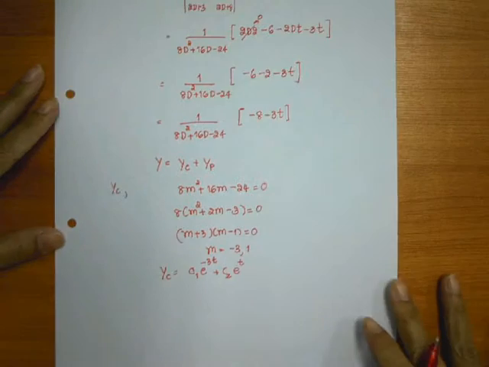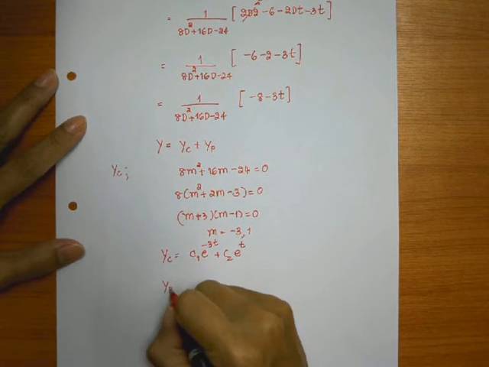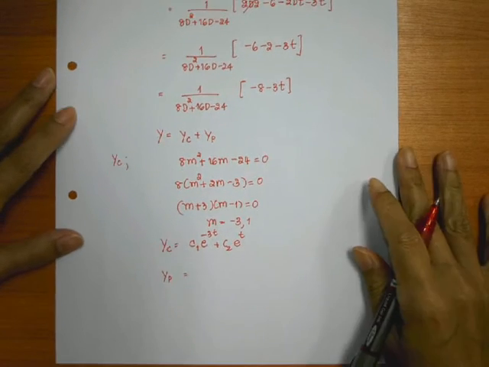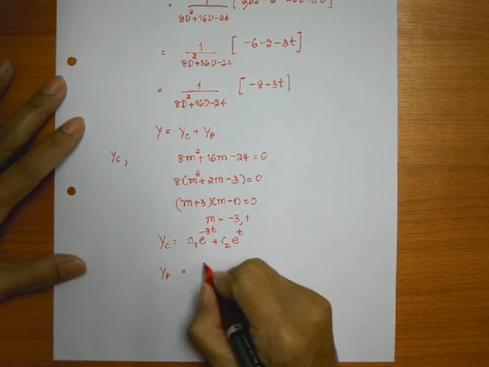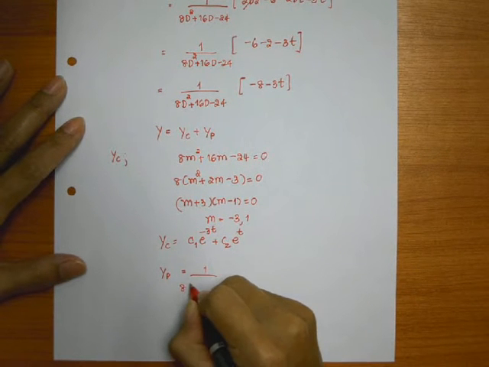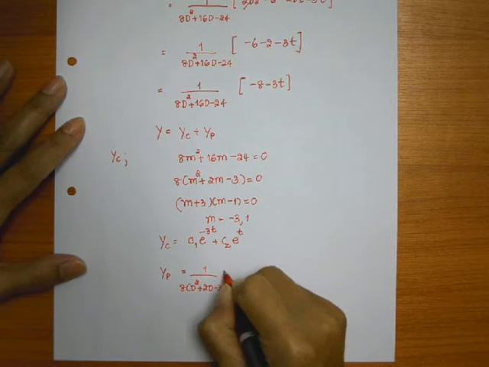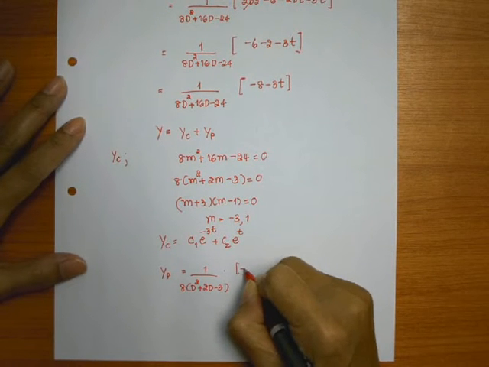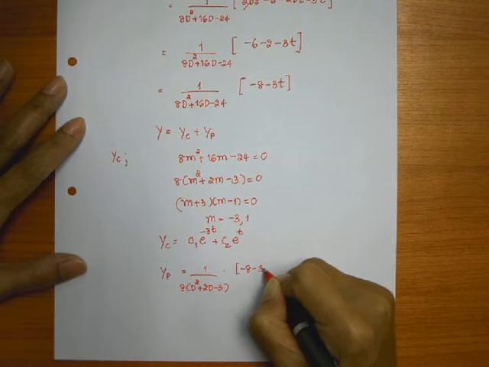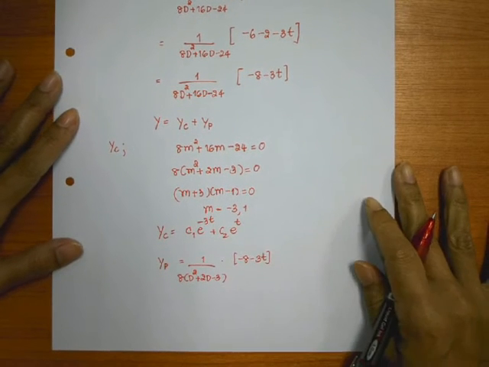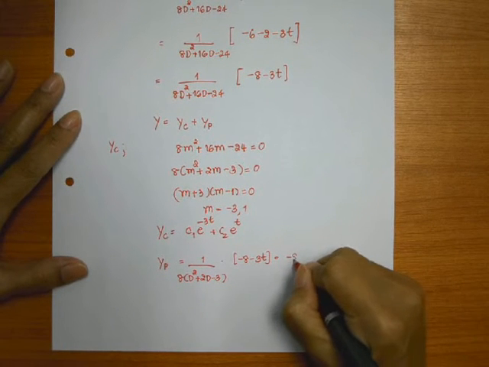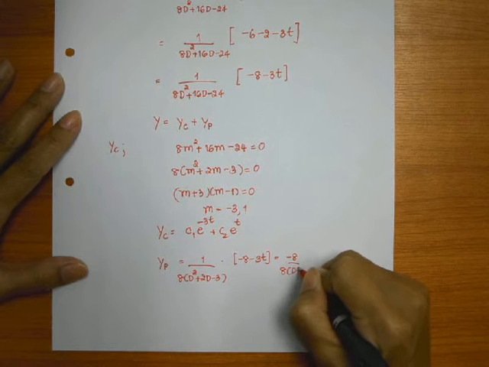Next, find yp. Again, I'm going to use the shortcut method. And for the shortcut, we write down the term of 1 over p(d) times f(t). Just do the same as the previous one.